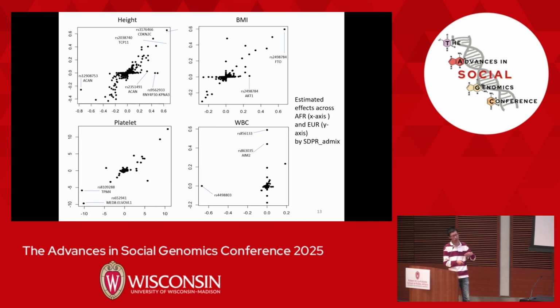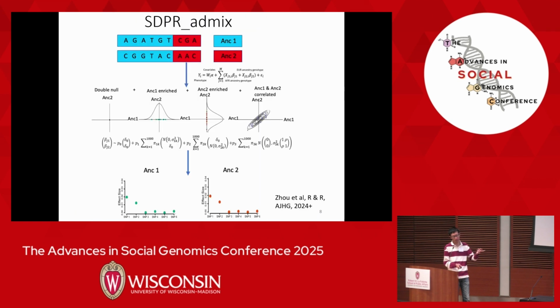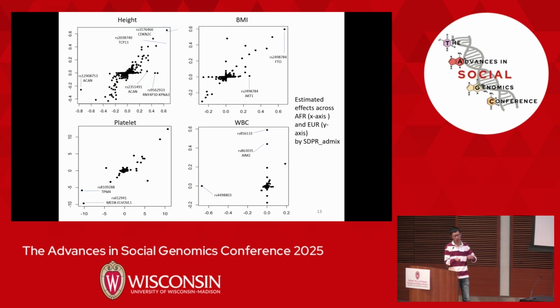But our model includes them as the second component. I would say overall, most of those ancestry-specific effects have allele frequency higher in one ancestry. And if both allele frequencies are greater than 0.05, they're more likely to have those shared effects.